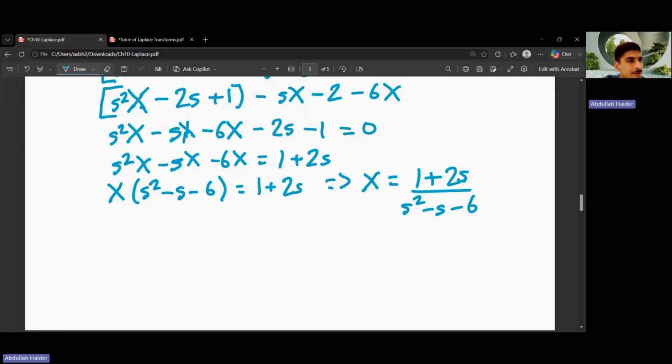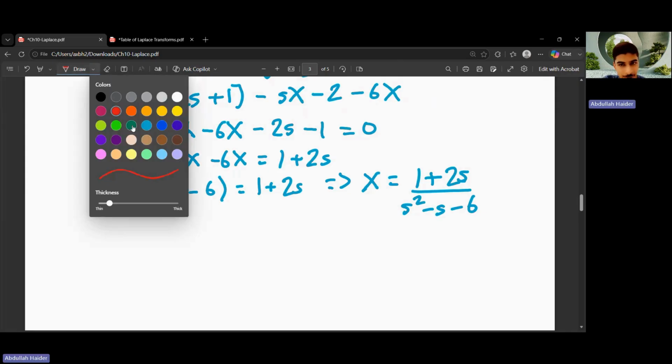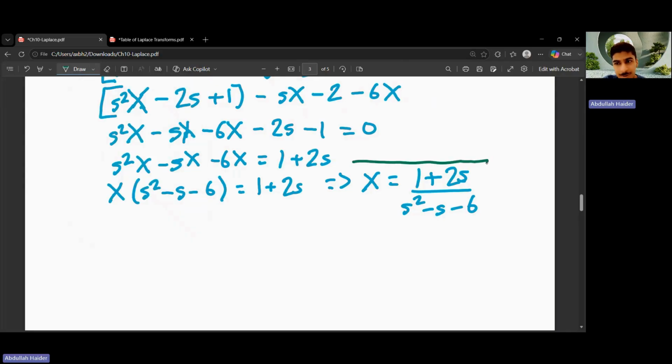And we have entered the uncharted territory of this chapter, which is having a partial fraction on the right side. We need to take partial fractions on the right side. And a small note: the biggest enemy of chapter 10 is going to be partial fractions. I'm not lying. You can solve 100 questions on this chapter but only understand 20% of the chapter, only because of these partial fractions.